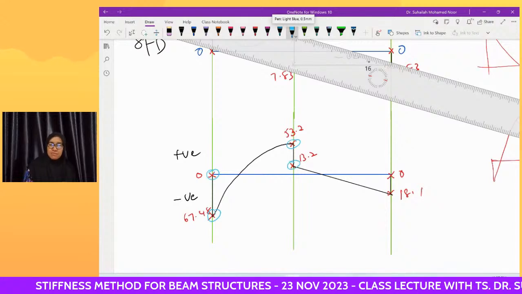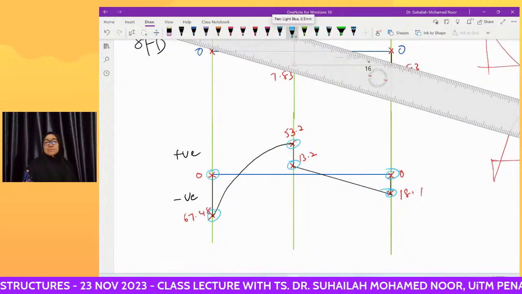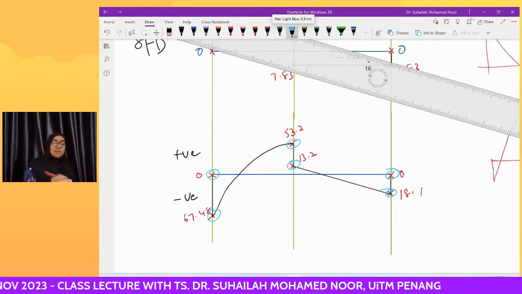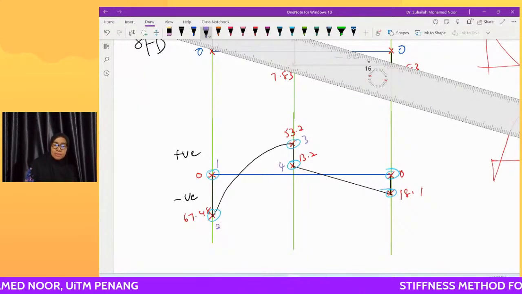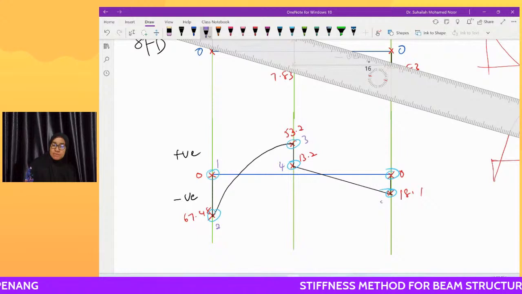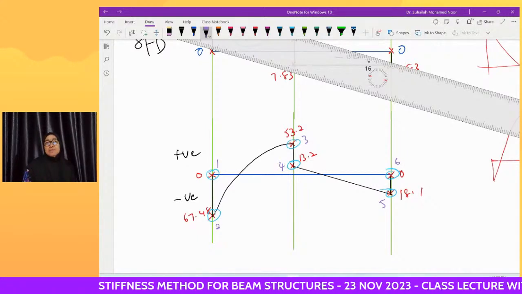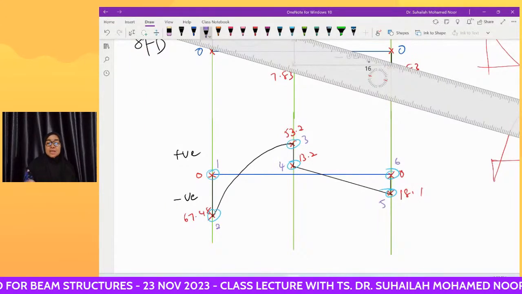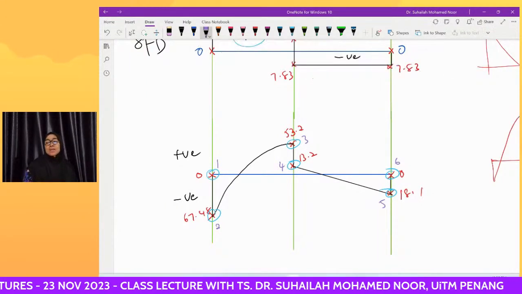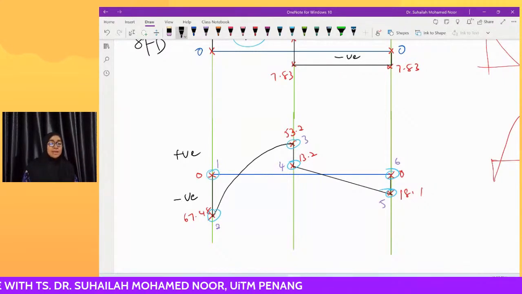Number 4 value, number 5 value, number 6 value, the last value. So that's the flow, and we get back to 0. So that's how we draw the shear force diagram and bending moment diagram.